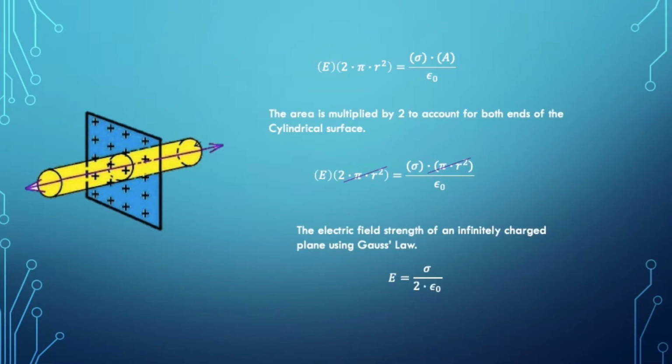Now that we know our Gaussian surface is circular and we are using 2 pi r squared to calculate this area, we substitute the equation for the area of a circle into our original formula of the electric field strength times the area equals the Q in over epsilon 0, which gives us the electric field strength times area, which is 2 pi r squared, equals the surface density times area over epsilon 0.